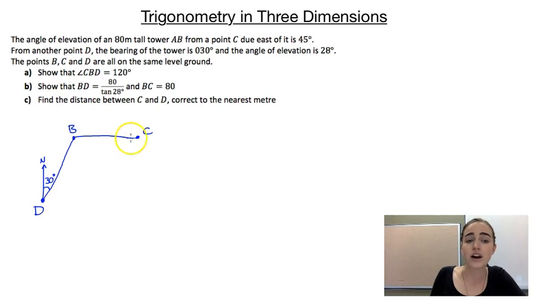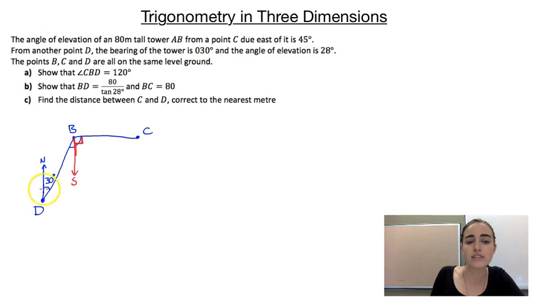Our first question asks us to show that the angle CBD, this angle here, is 120 degrees. We know that C is due east, directly east of B. So if we drew in a south line here, again, it should be straight, this part here would have to be 90 degrees because this is due east, this is due south.